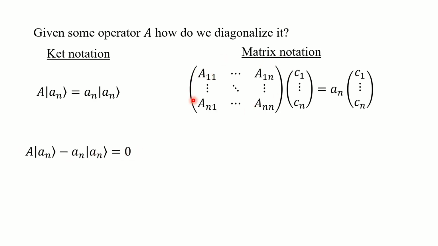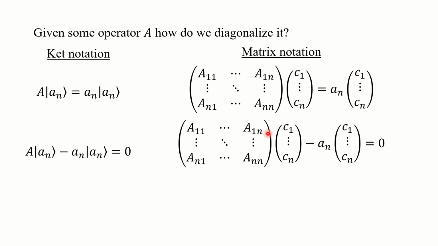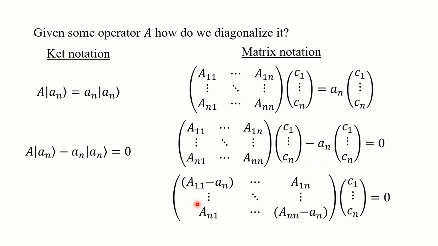In matrix notation, we get the matrix representation of our operator A with all its n by n terms multiplied by whatever that eigenket or eigenvector would be, equal to a constant times that. Bringing everything to one side, we get that minus. And then we can factor this out, and so we just have one big matrix multiplied by our eigenvector, and along the diagonal we have minus that constant.